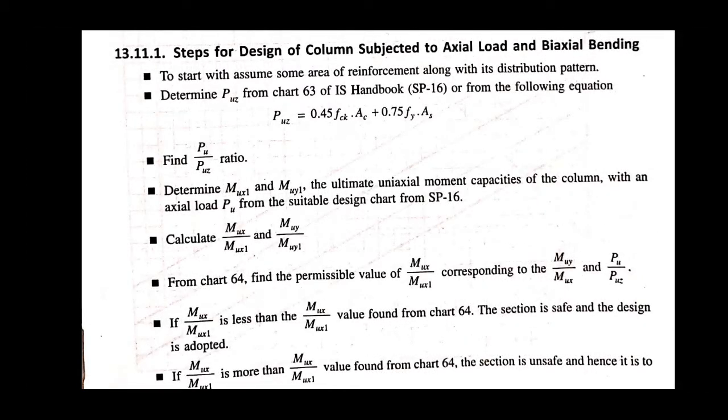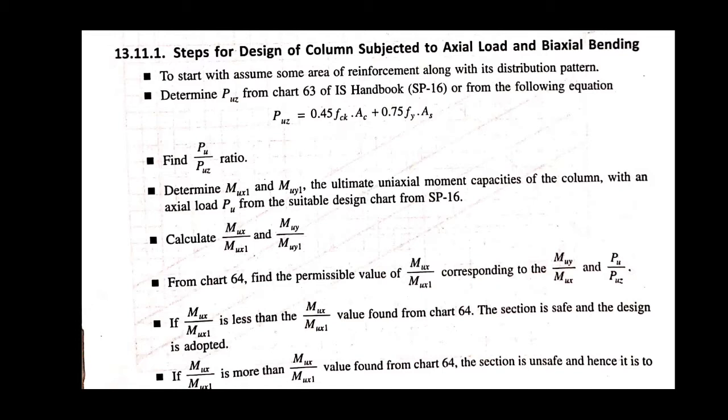Now, the steps for design of column subjected to axial load and biaxial bending. So, here are the steps of design. To start with, assume some area of reinforcement along with its distribution pattern. So, first of all, we have to assume the amount of reinforcement, mainly the percentage of reinforcement.